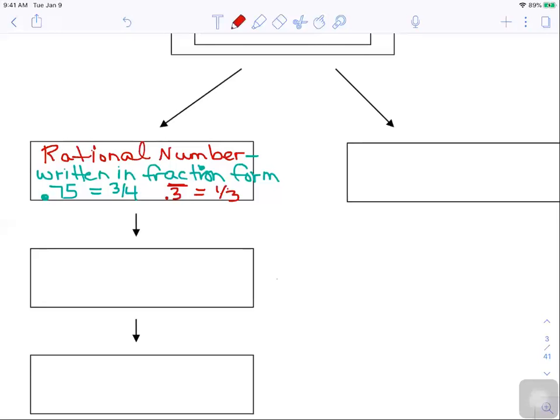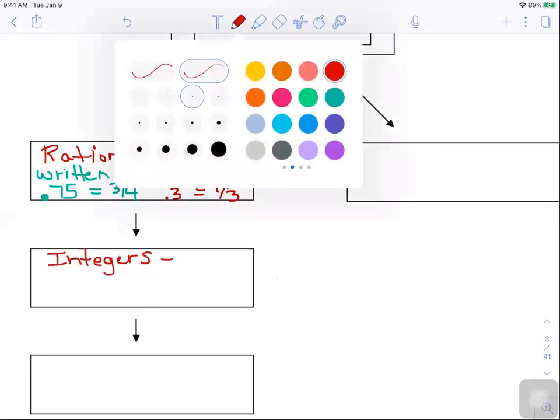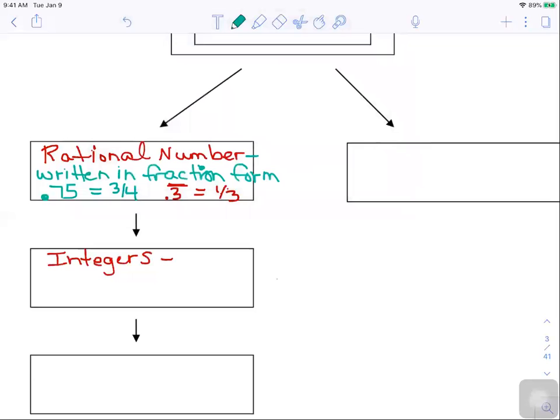If I move down in the boxes, our next group is called integers. Again, they get more specific and precise as you move down. Integers are positive and negative numbers, but they're not fractions.